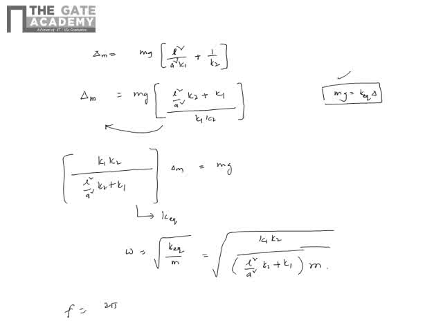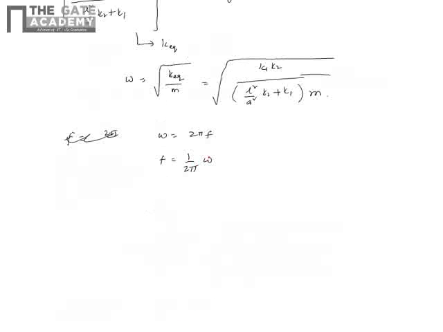How is my omega defined? Omega is my circular frequency, and it is related to the linear frequency this way: the linear frequency is 1 by 2 pi times omega, which is 1 by 2 pi root K1 K2 by mass into L square by A square K2 plus K1.